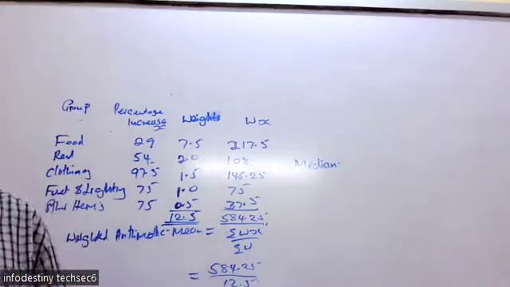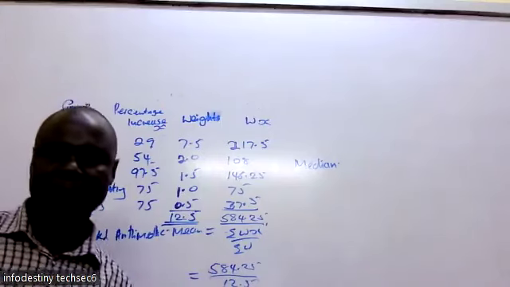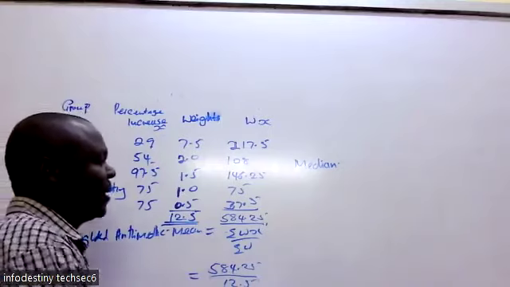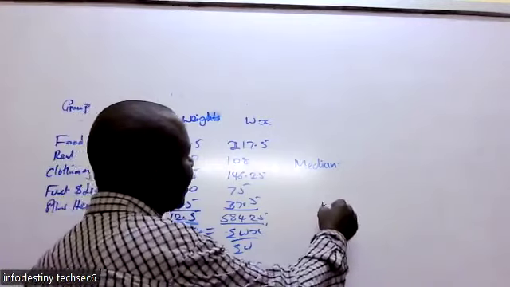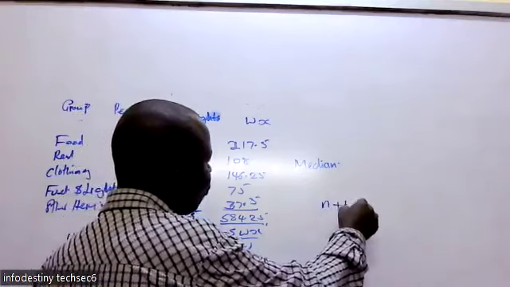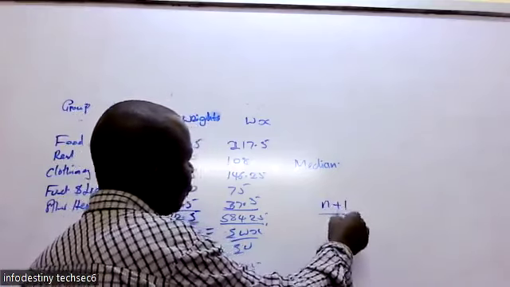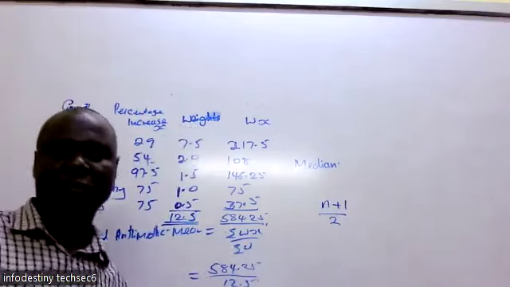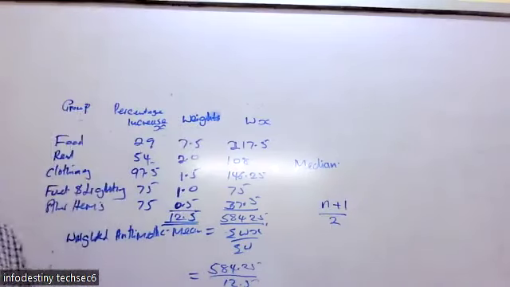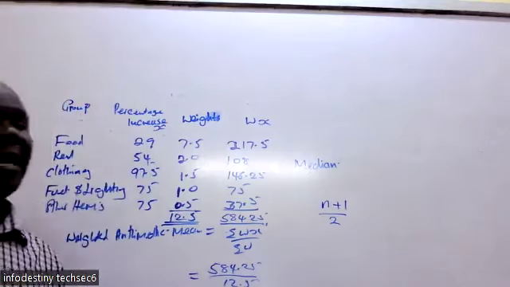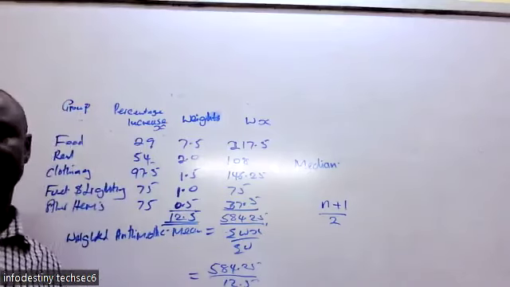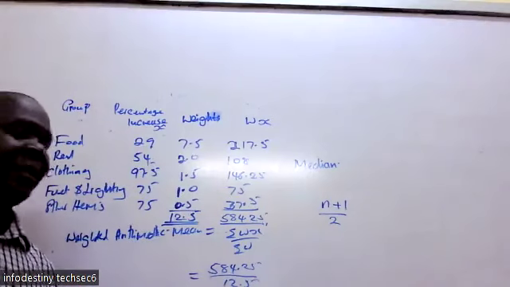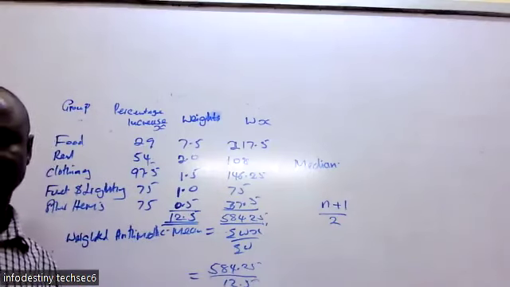Now the formula for finding the median item is n plus 1 divided by 2, where n is the number of items.